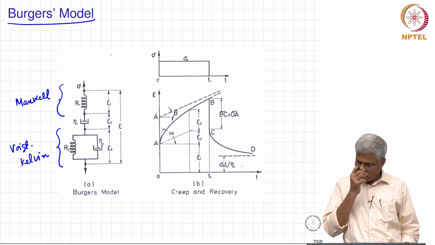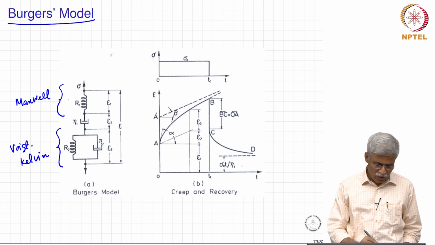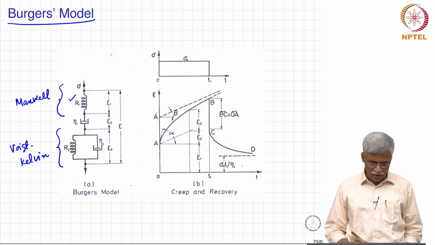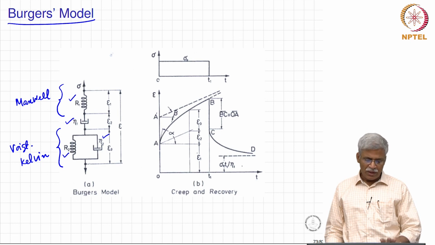And you can actually see some of the nomenclature here. So, we are going to take R1 as the spring, eta 1 as the dashpot and R2 as the spring, and eta 2 is the dashpot for the model.